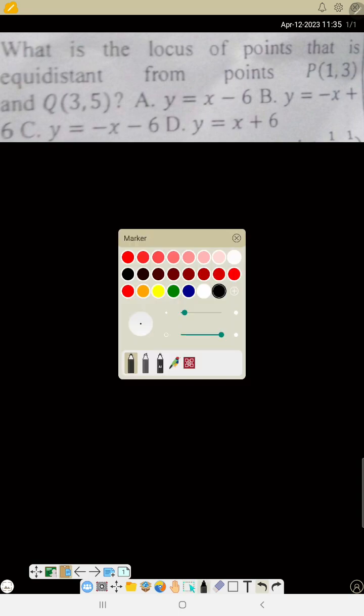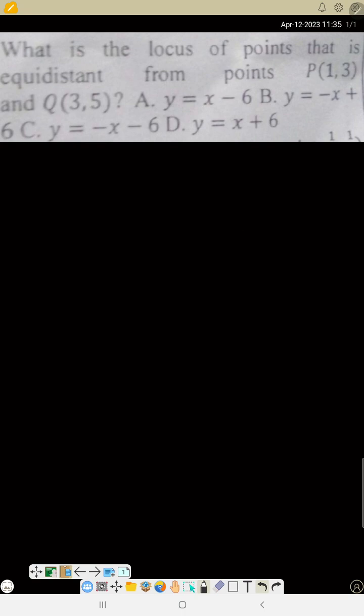What is the locus of points that is equidistant from points P (1, 3) and Q (3, 5)?